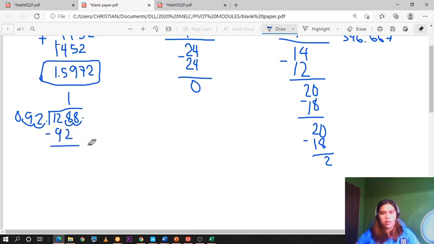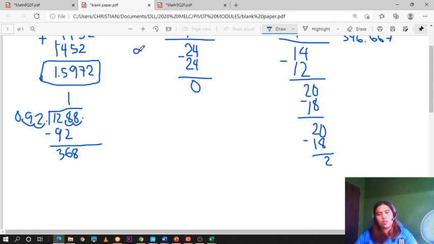Then, subtract natin. 8 minus 2 is 6. 12 minus 9 is 3. Then, bring down 8. So, ano kaya magiging answer? So, how many 92s are there in 368?